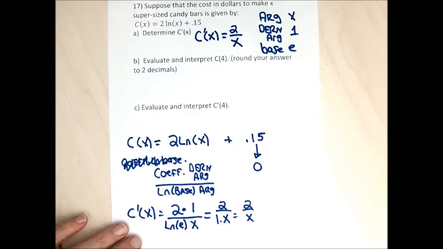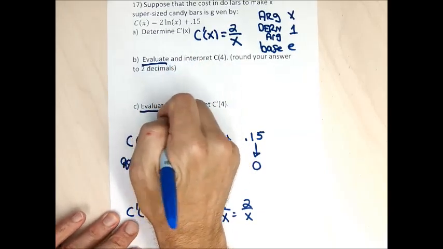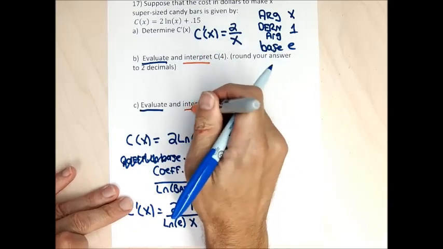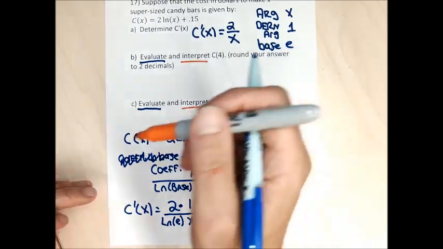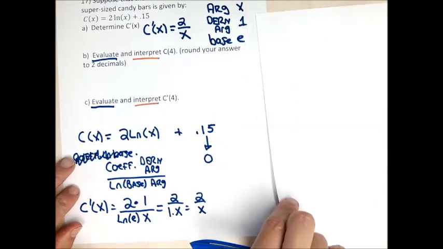On the test, students do really good on the evaluate questions, not so good on the interpret. So this is a cost function. If I plug a number into the cost function itself, it will tell me how much it will cost to make that many candy bars.